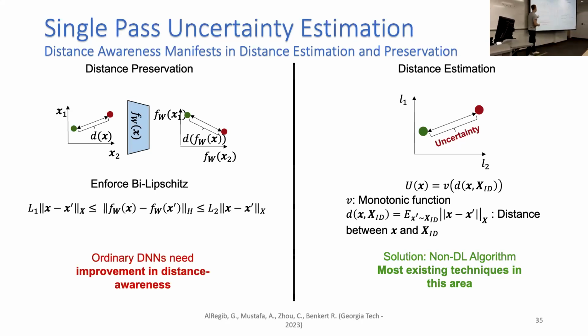So given the norm over here multiplied by some constant, and the norm over here multiplied by some other constant, you want to sandwich the distance of your model in between both of these. Let me spend some time on how these relate to each other.